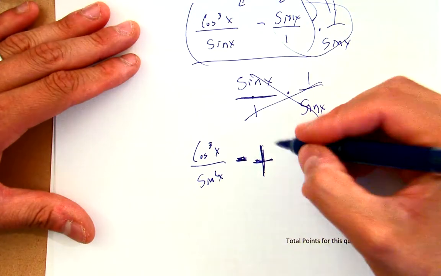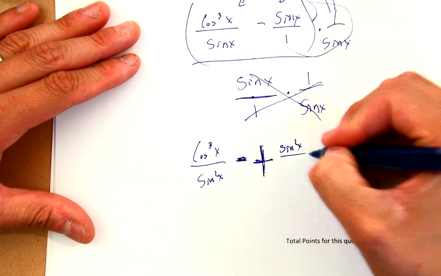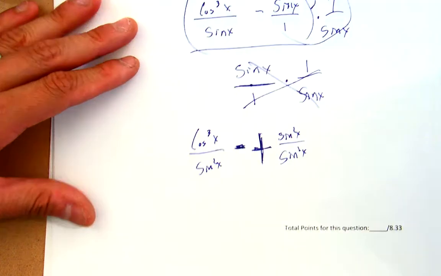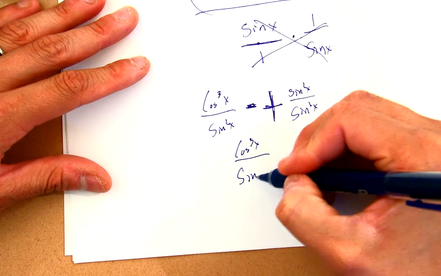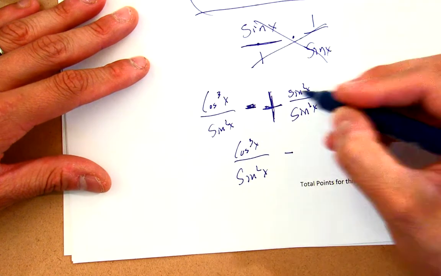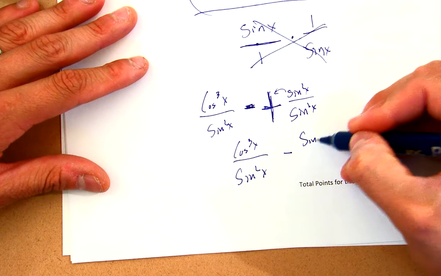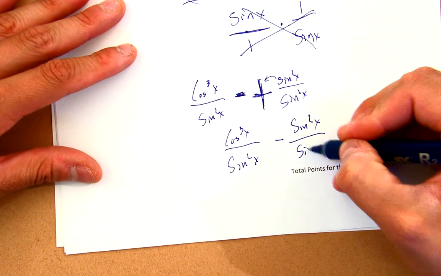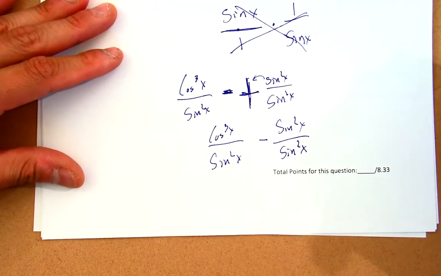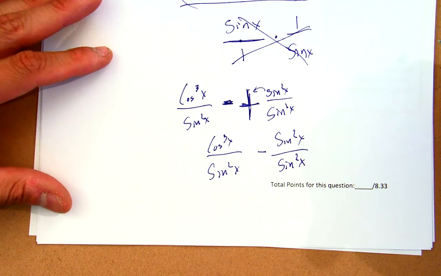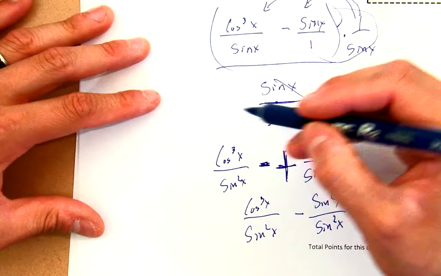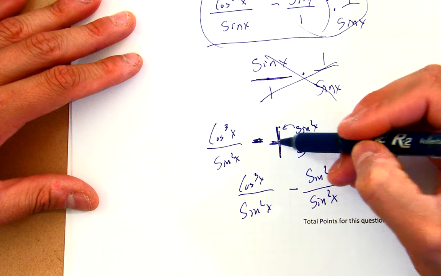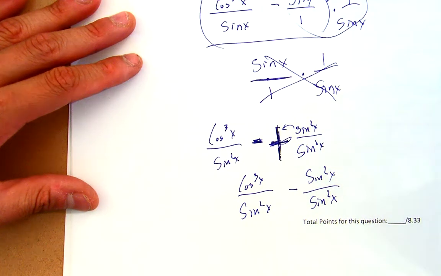What's the LCD? Sine over sine. So what we get is cosine cubed over sine squared minus sine squared times 1 is sine squared over what? Sine squared. True? Questions here? This was a 1, right? And I made it 1 over 1, right?